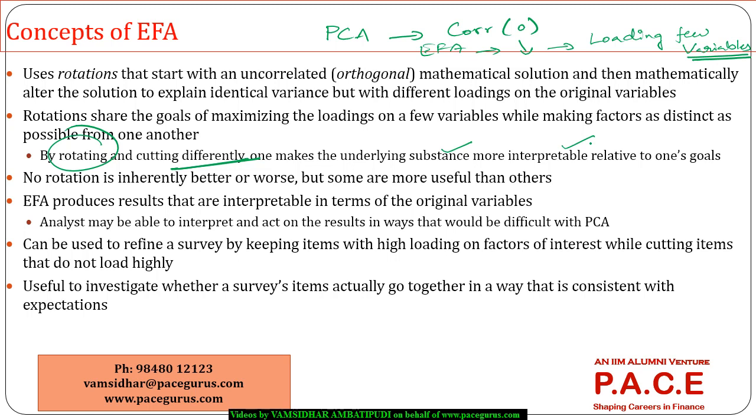The major part of exploratory factor analysis that differentiates it from traditional principal component analysis is that it does different kinds of rotations, so that the loadings on the variables can be understood quite comfortably. The business interpretations can come out quite effectively compared to a PCA solution.